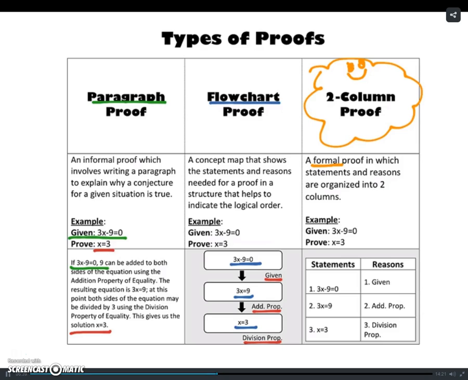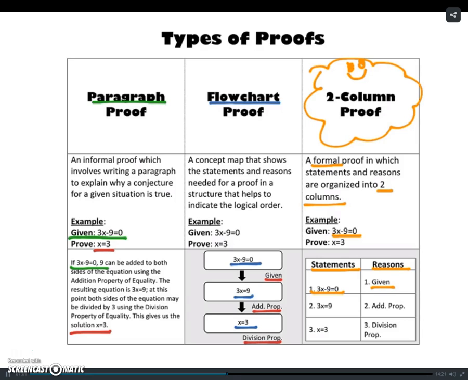Okay? And so a couple of things. Everything on these is going to be organized into 2 columns. Okay? Your 2 columns will always have the same names. You always have statements on the left and reasons on the right. Okay? The first box will always have your given information.